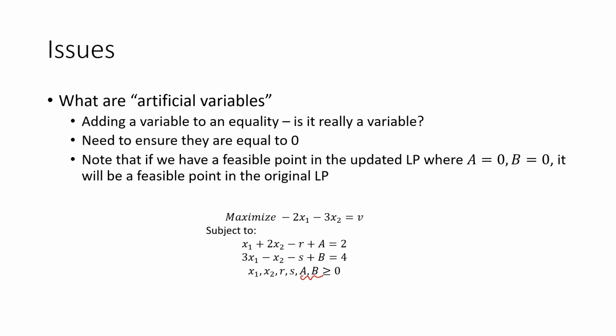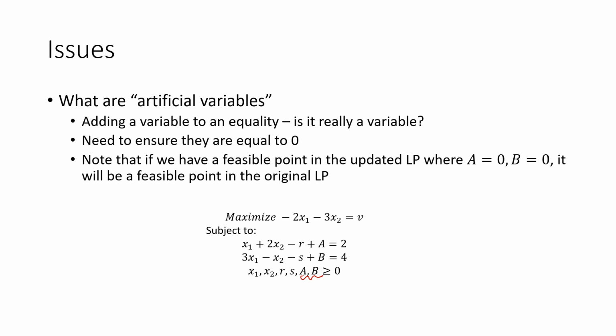But when we optimize, we need to make sure that at the end of the day, those things are equal to 0. If you go back and look at the problems and imagine that you have an optimal solution, those a's and b's had better be equal to 0, otherwise you are going to violate your constraints.